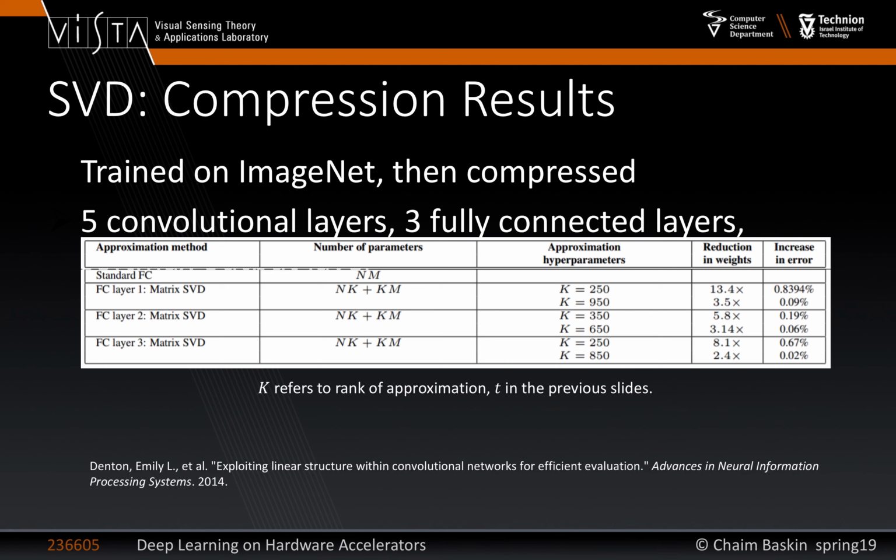If you have an existing network like the VGG network, which contains a lot of parameters in fully connected layers, you need to find a way to reduce the number of parameters.